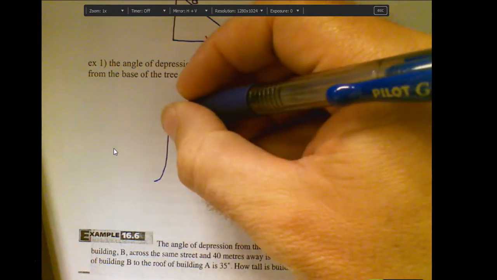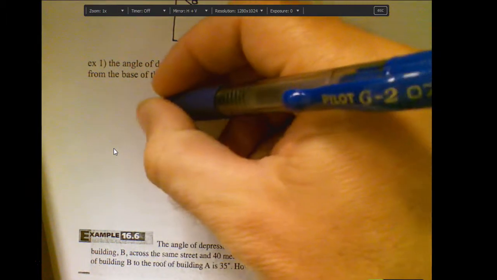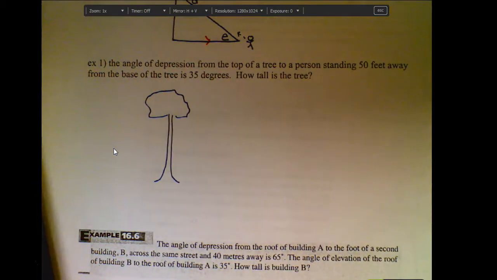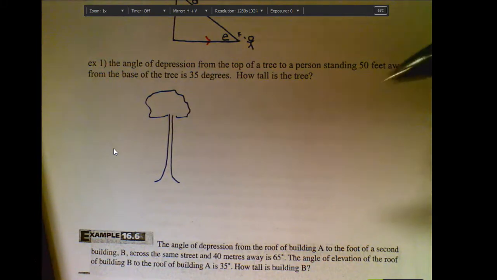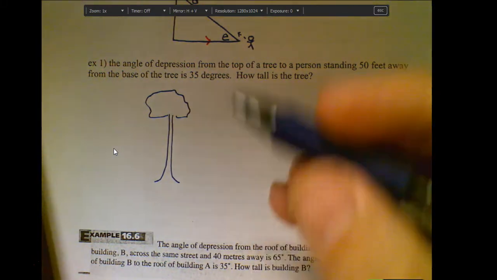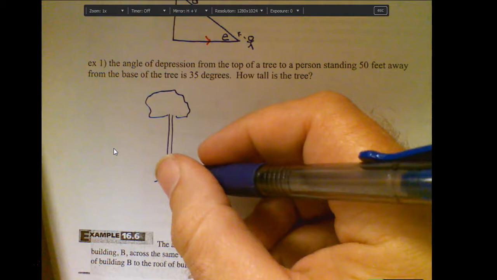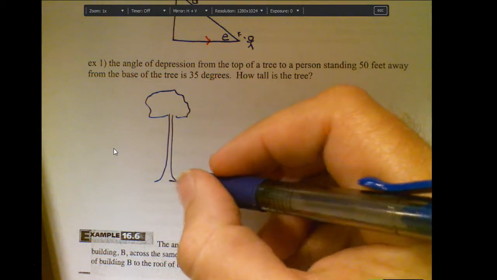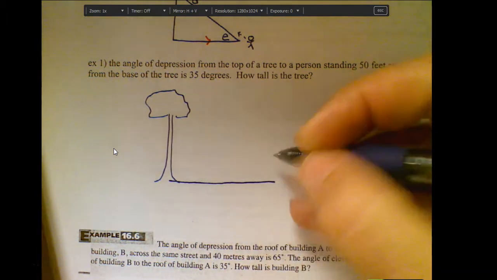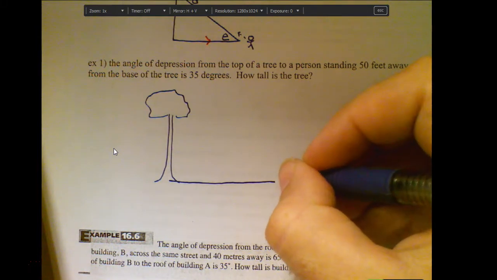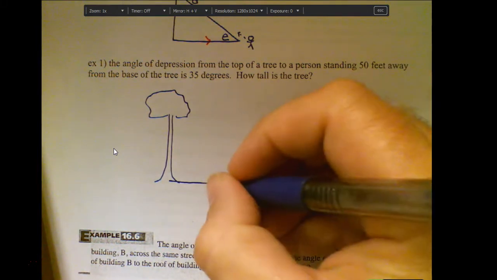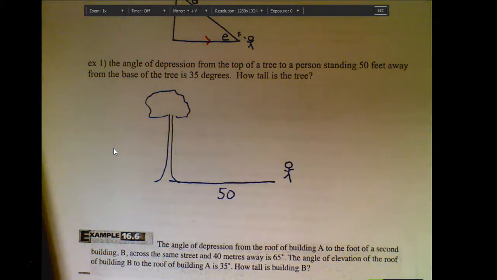So here's our tree. Here's the base of the tree. We'll put our person right about here, and they are 50 feet away from the base of the tree.